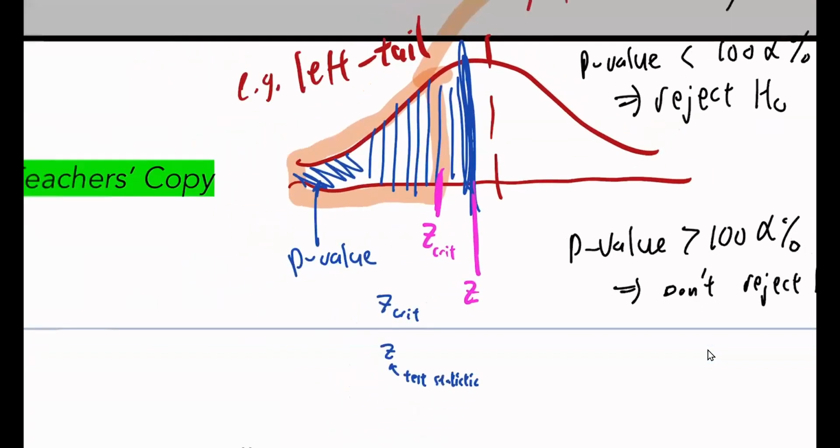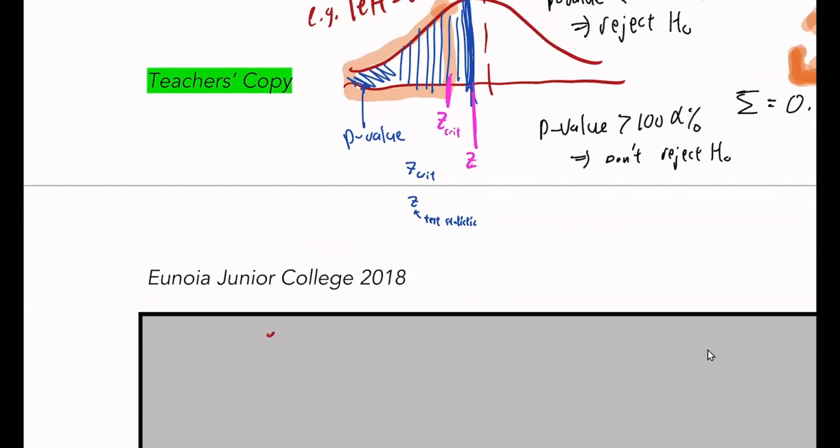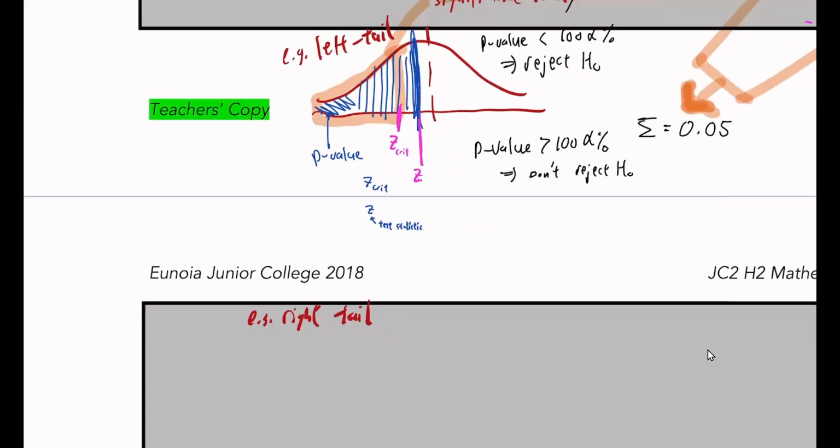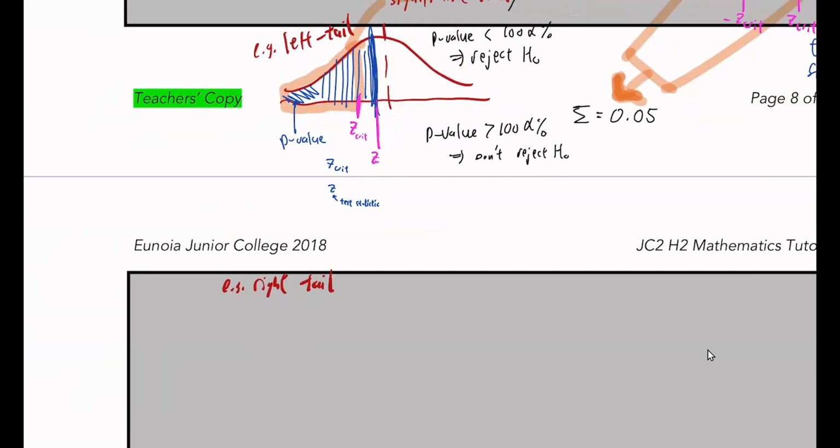Of course, for right tail test, similarly, you just reflect it. It's just a reflection. So we do the exact same thing. Okay, let me draw it nicely.